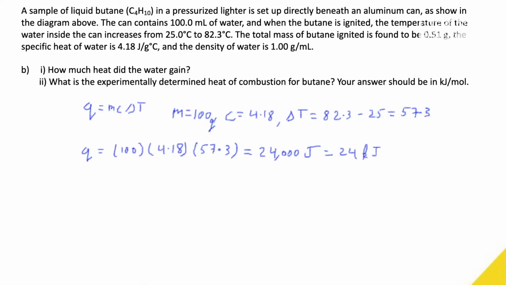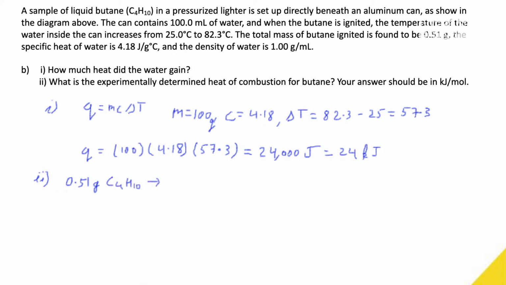How much heat did it gain? Number two, they actually ask for what is the experimentally determined heat of combustion of butane? The answer should be in kilojoules per mole. Okay, so this is number one. Number two, what I have is 0.51 grams of butane, C4H10.